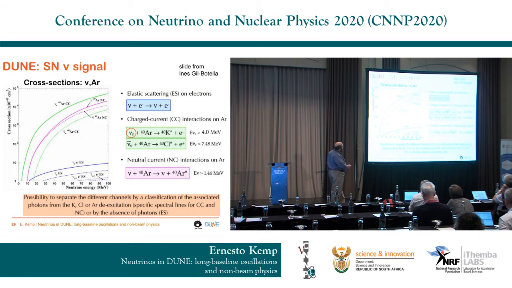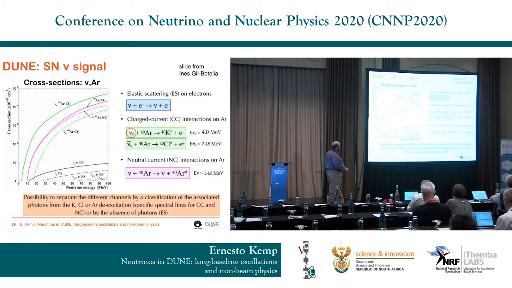So one of the most important features of DUNE is the ability to detect neutrinos from supernova in 4 different channels. This is the main one. And I should emphasize the sensitivity for the electron neutrino flavor.